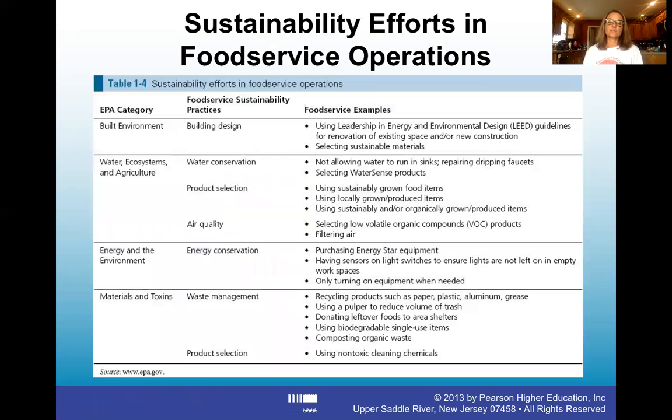Okay. There's lots of sustainability efforts going on in food service operations. I'm not going to read all these to you here. You can go back and look them over. But you can see through water conservation, lighting, air quality, all those things can make a difference in becoming a more sustainable operation. So think about Chartwell's.